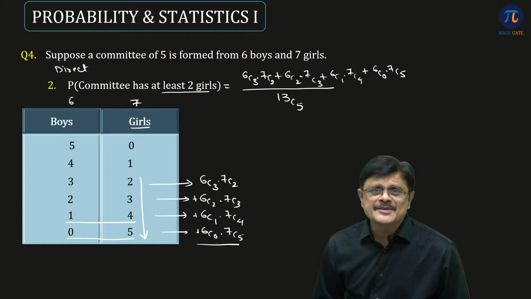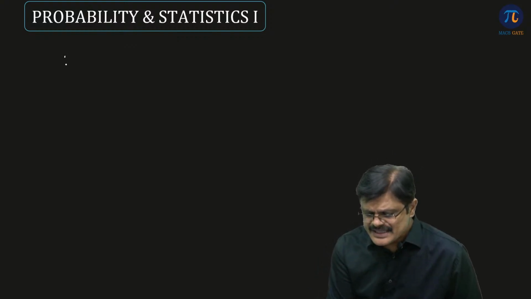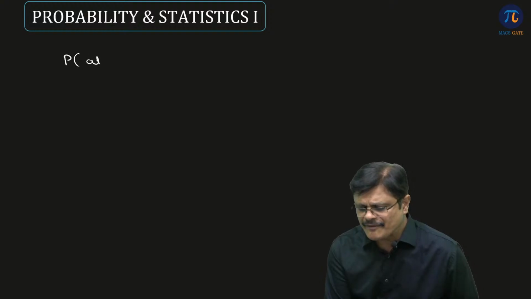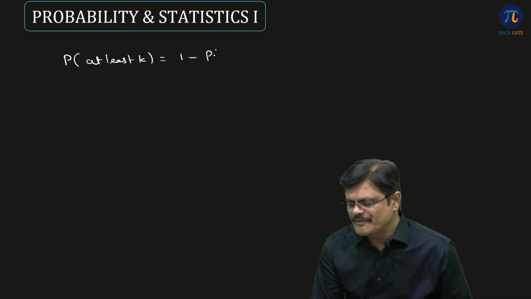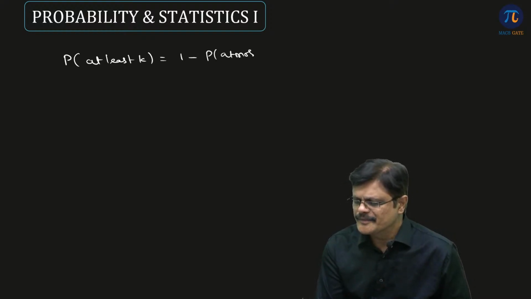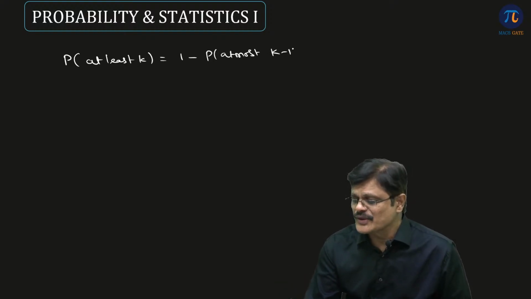You can also try this problem indirectly. So how to solve this problem indirectly, sir? See, whenever the question is the probability of at least k, we can always solve it indirectly like this: 1 minus the probability of at most k minus 1.